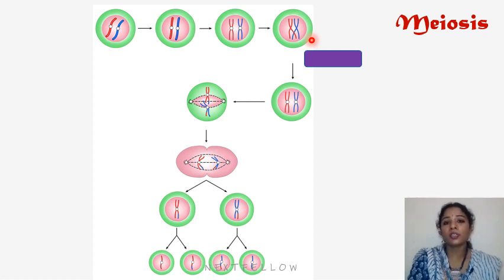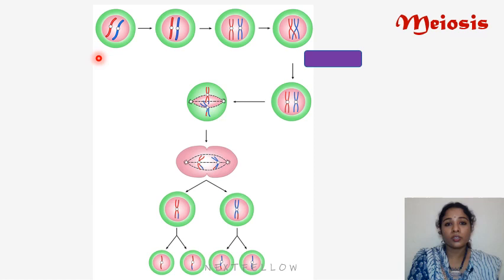The second meiotic division is similar to mitosis, but there is no duplication of DNA during the short interphase. That is the major difference between mitosis and the second meiotic division. So that was about the second meiotic division.